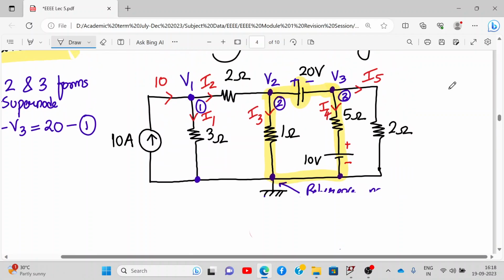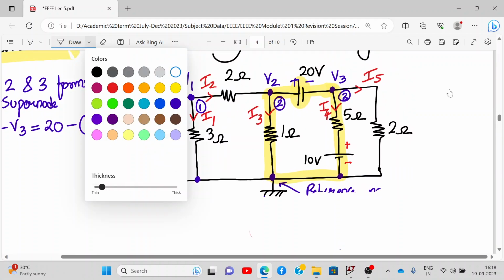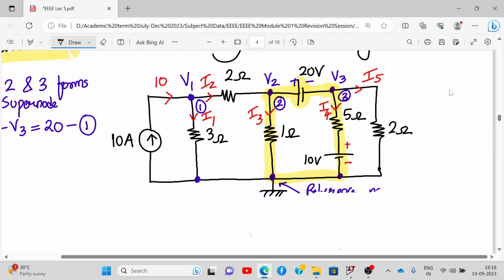So let me write this again so that it will be clear. So this is my reference node. Let me connect my pen tablet once more. Okay, wait a second. I'm reconnecting my pen tablet. Okay, it's all right now. So let's start. So this was my reference node.